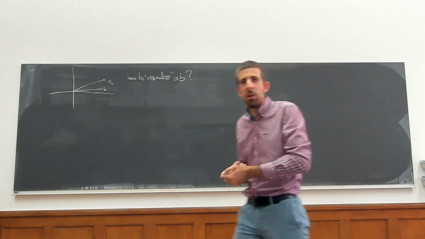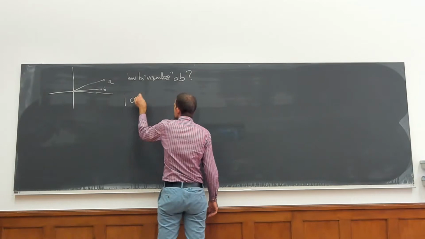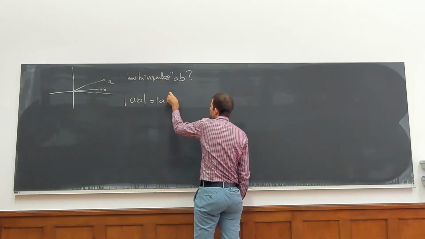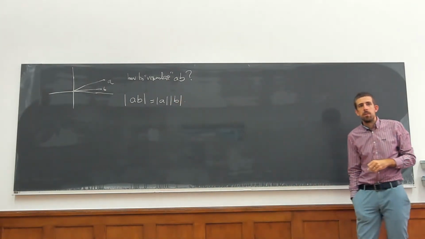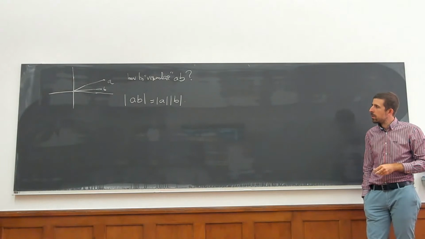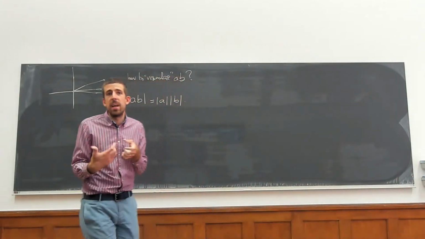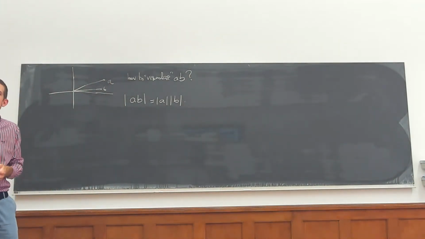So what do we know about it? What we know is that the absolute value of the product is equal to the product of the absolute values, the moduli. So in terms of their length, we can understand it. Maybe visualize is not the right word, but we can at least understand what's going on.